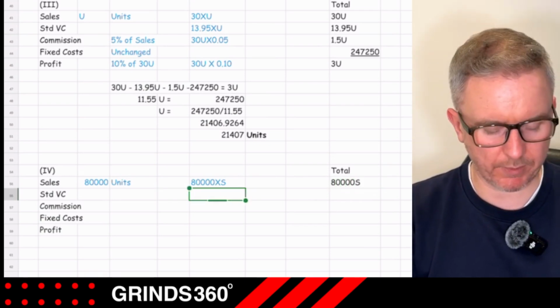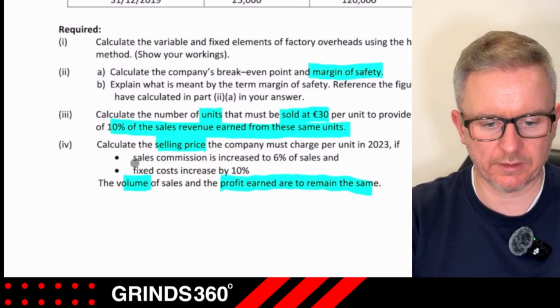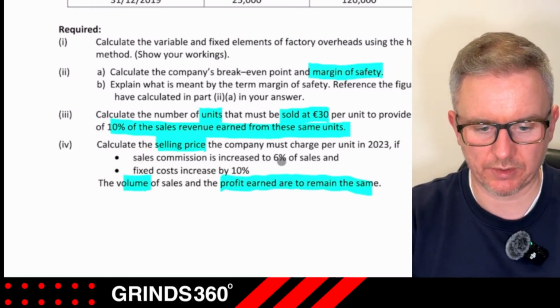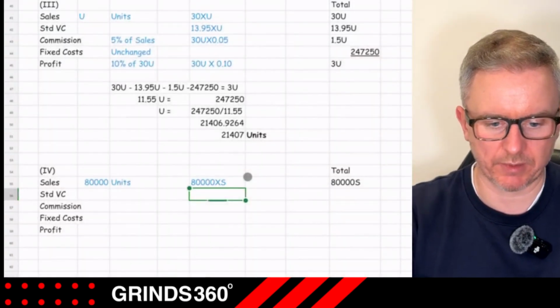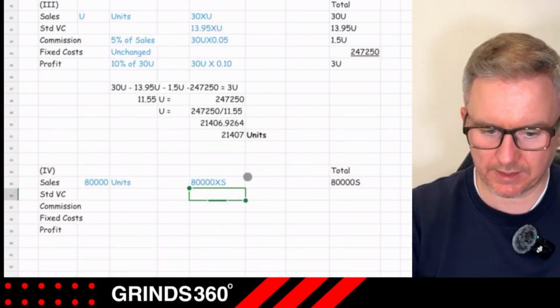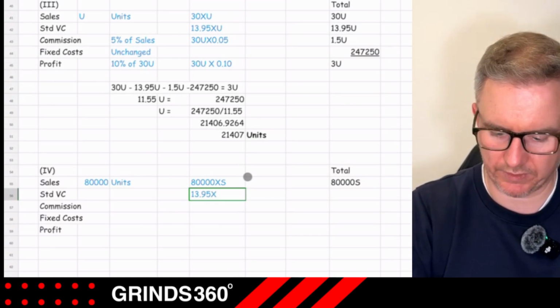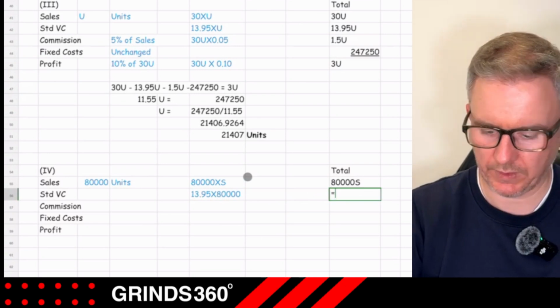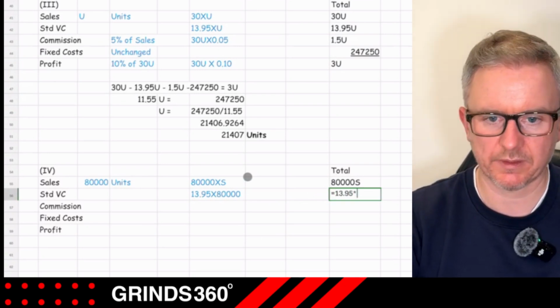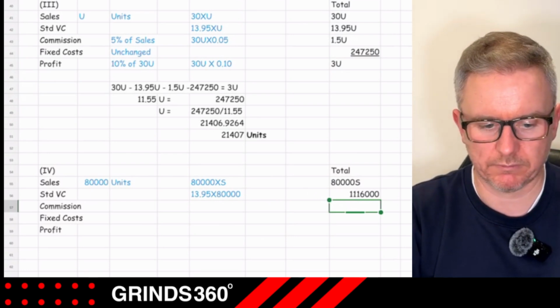The standard variable cost, they said the sales commission is going to change, the fixed costs are going to change, but nothing has happened to that standard variable cost. So that is still €13.95 multiplied by the number of units, which is 80,000. So 13.95 times 80,000. And that's fine. We have it there.